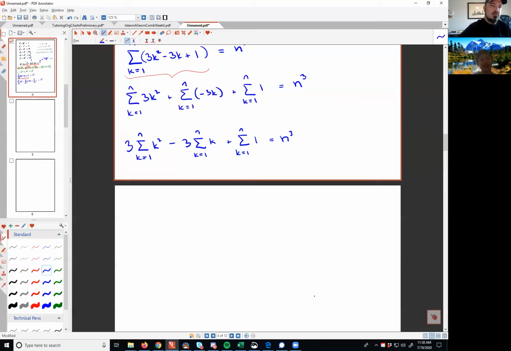The nk part is just n times n plus 1 divided by 2 times 3. I'm sorry, say again. The minus 3 nk is 3 times n plus 1 divided by 2. Okay, right. That's the sum of the first n positive integers, and you already have a formula for that.